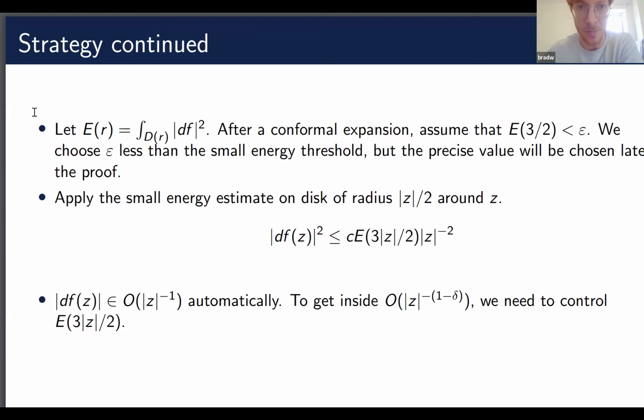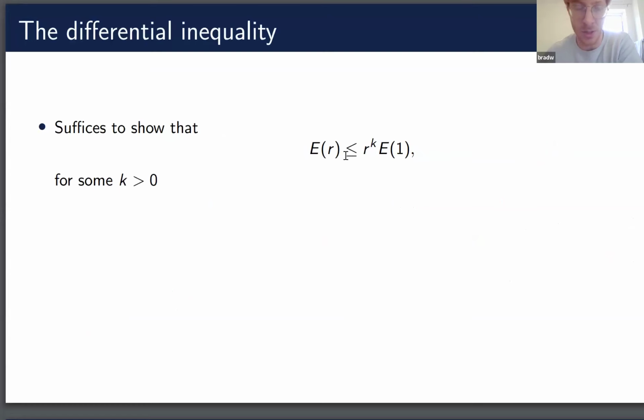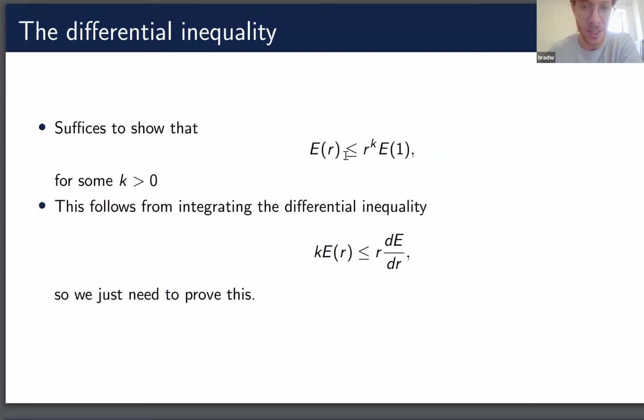We show that E satisfies this inequality. And the way we're going to get that is to prove this differential inequality and then integrate it. So it's more or less clear that the top line follows from the bottom.